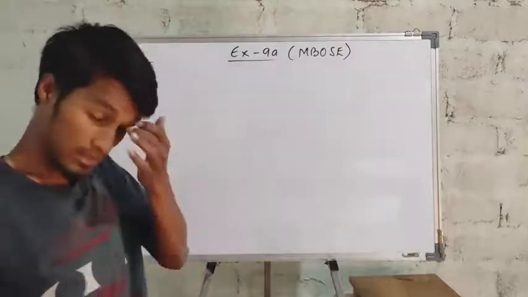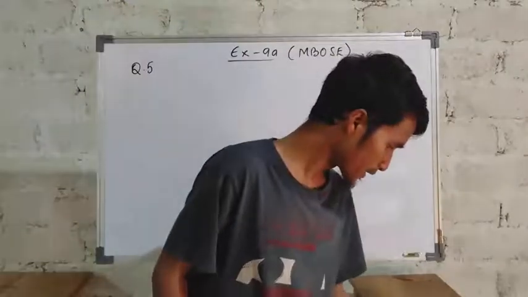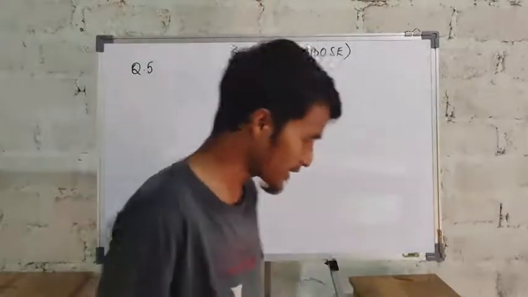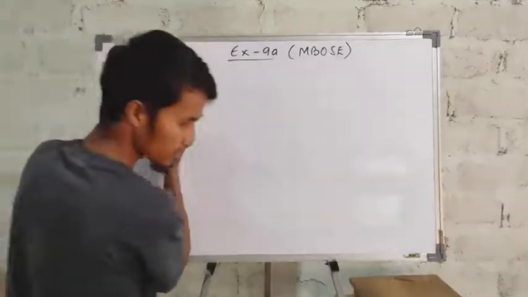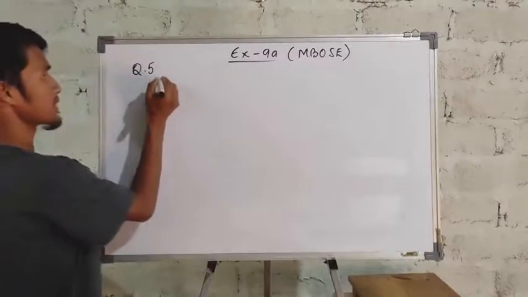Okay, question number 5, it is talking about the string of a kite. It's flying. Okay, let's write the question. The string of a kite is 100 meters.